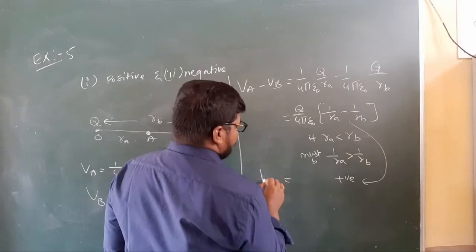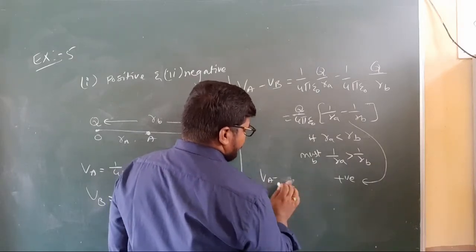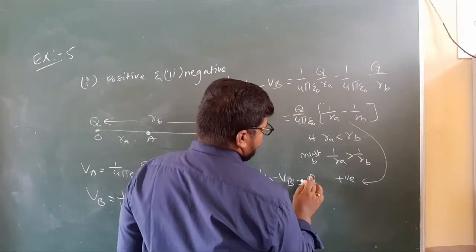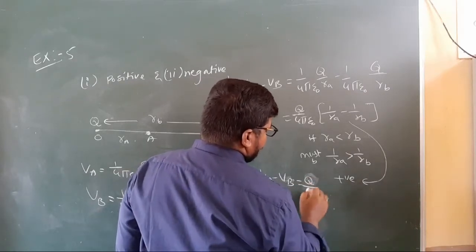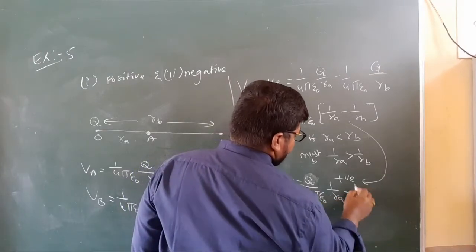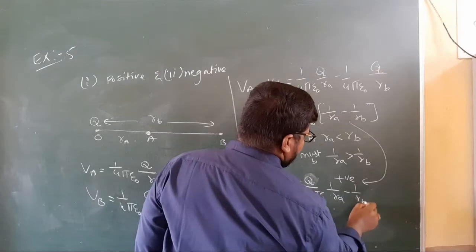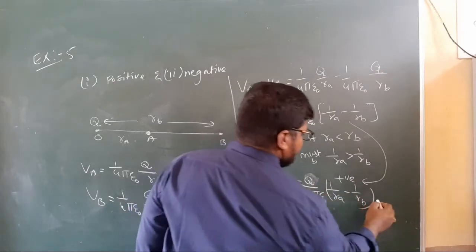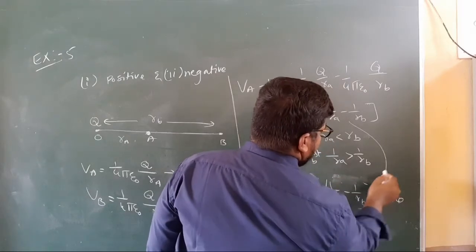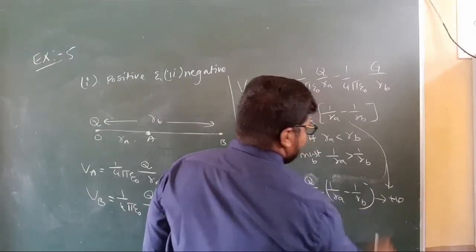So VA minus VB is equal to Q by 4 pi epsilon naught times (1 by RA minus 1 by RB), which is positive.